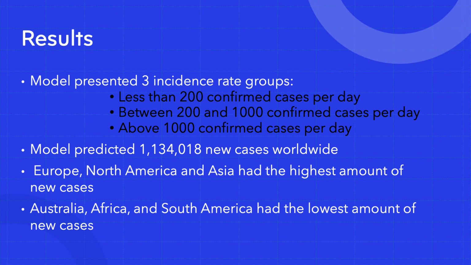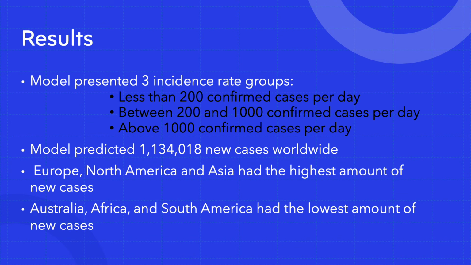For regions with 200 to 1,000 cases per day, the model performed best with a mean absolute error of 8.5%, and with data from the last 14 to 20 days, and with respect to the 9 nearest neighboring areas. Lastly, regions above 1,000 confirmed cases per day performed the best with a mean absolute error of 6.13%, considering information of the last 14 to 17 days of the region and its 2 neighboring areas.